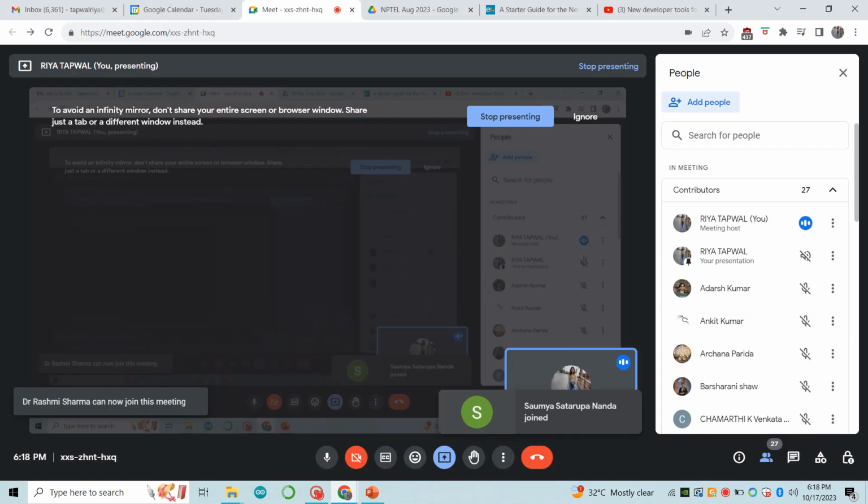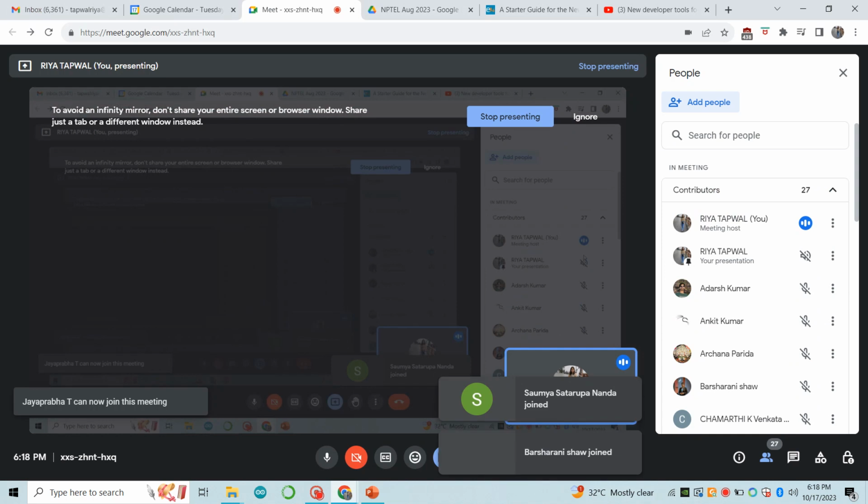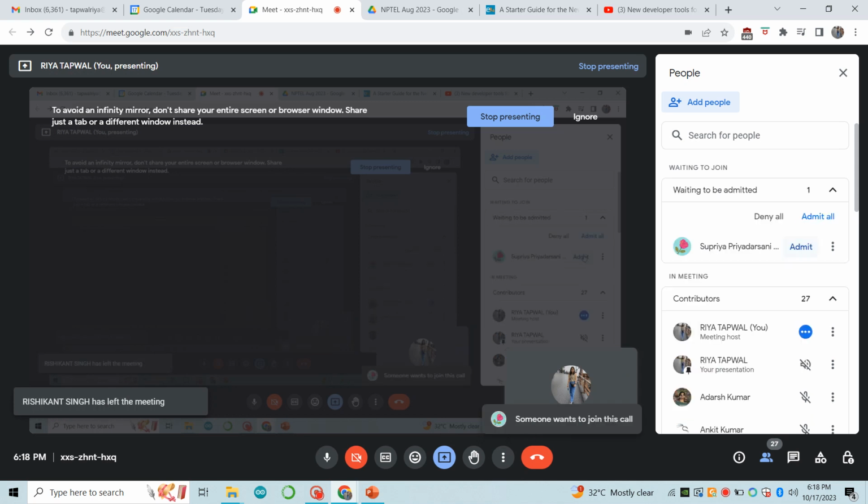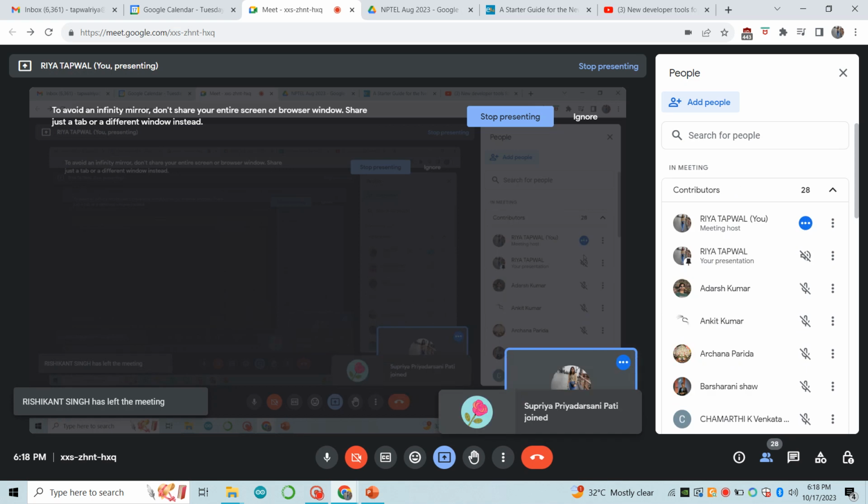So now, can anyone tell what is the difference between Arduino and Raspberry Pi? Anyone? Ma'am, Raspberry Pi is an operating system, small single board computer. No. Raspberry Pi is not an operating system. Raspbian is. You can say that it is a single board computer, basically a microprocessor. And what is Arduino? Microcontroller.